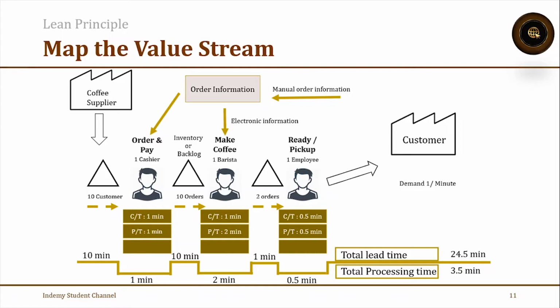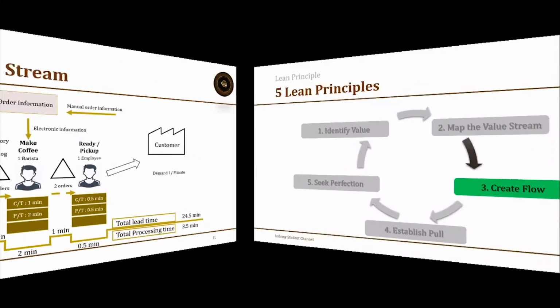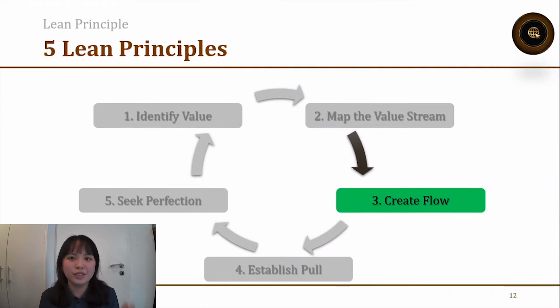After removing the non-value added activities or reducing it, we can create a smoother flow. So this time, the flow needs to be ensured that it goes without any delays, bottlenecks, or any other interruptions. But actually, this is the ideal one. In real life or in practice, we rarely see a process without any interruptions.